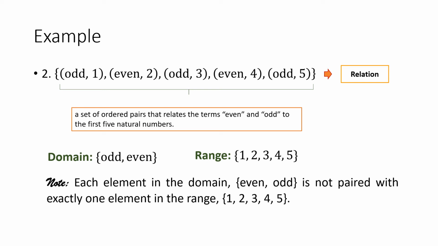We observe that each element in the domain is not paired with exactly one element in the range, since we have only 2 elements in the domain and we have 5 elements in the range. But again, this is still an example of a relation.